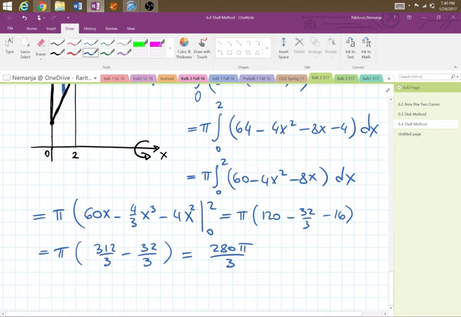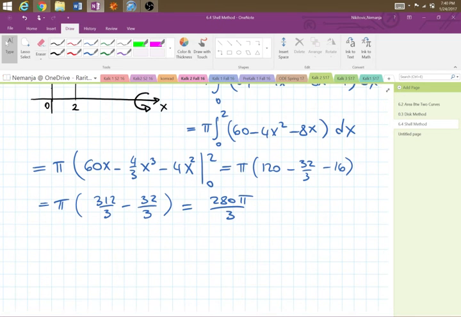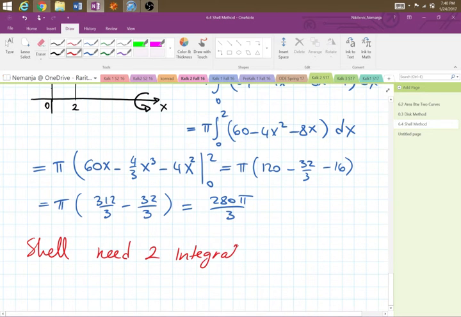So for shell, we need 2 integrals. Why do I need 2 integrals?